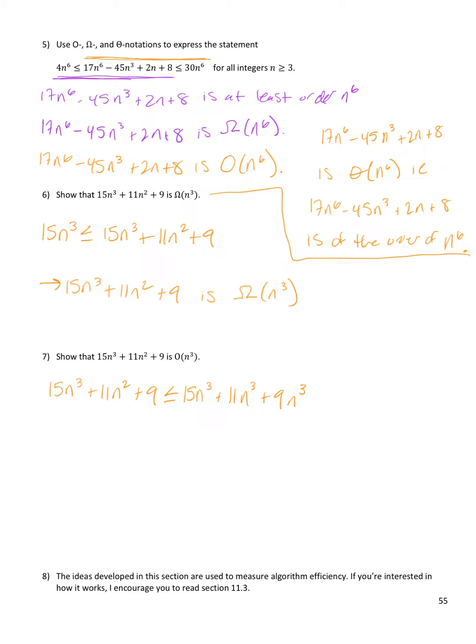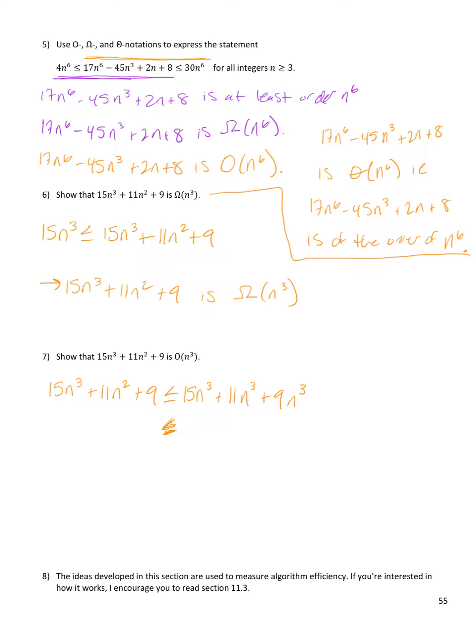Okay, because n is bigger than or equal to 3, squaring n will definitely, cubing n would be larger than squaring n, and cubing n would be larger than raising n to the 0 power. So this is true, and then that equals, well, I'm going to write less than or equal to because it does have the equals as well.